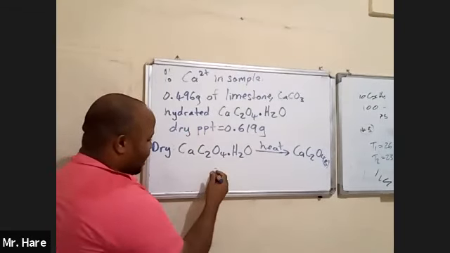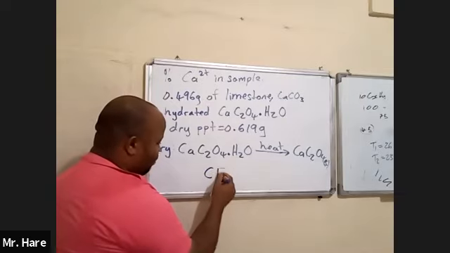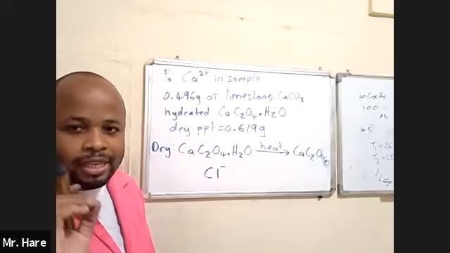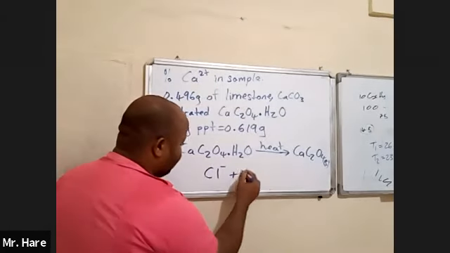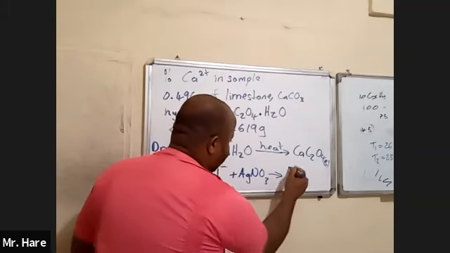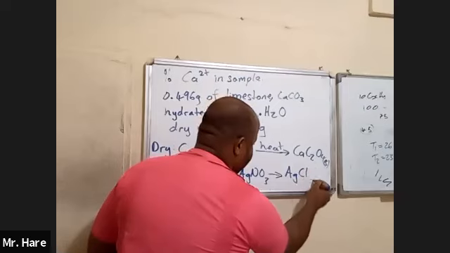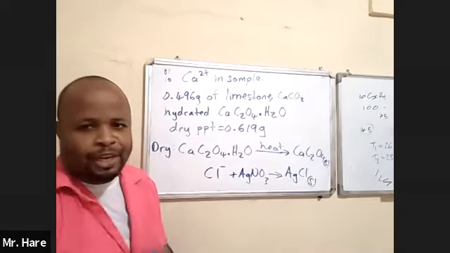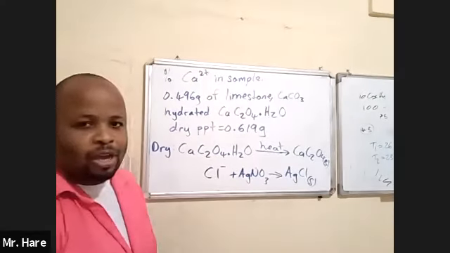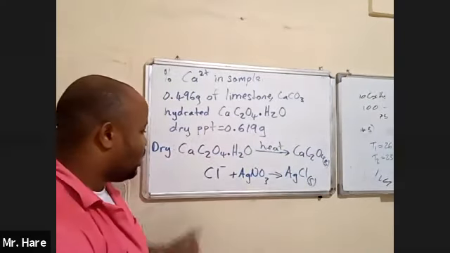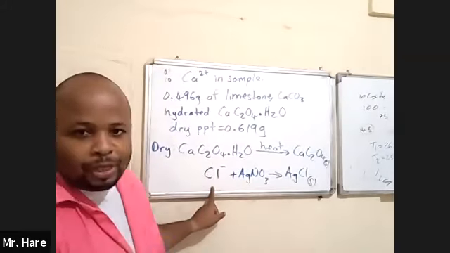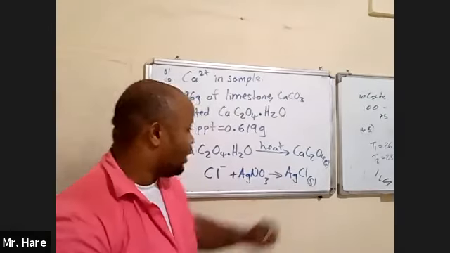If I am analyzing the amount of chloride ions in water, and I add a solution of silver nitrate to the sample, I am going to get a precipitate of silver chloride. So my precipitating reagent is silver nitrate, because my chloride ion, which I am interested in, is precipitated as silver chloride.